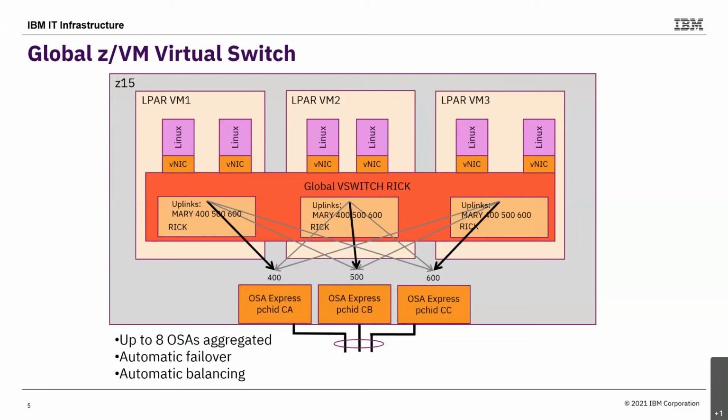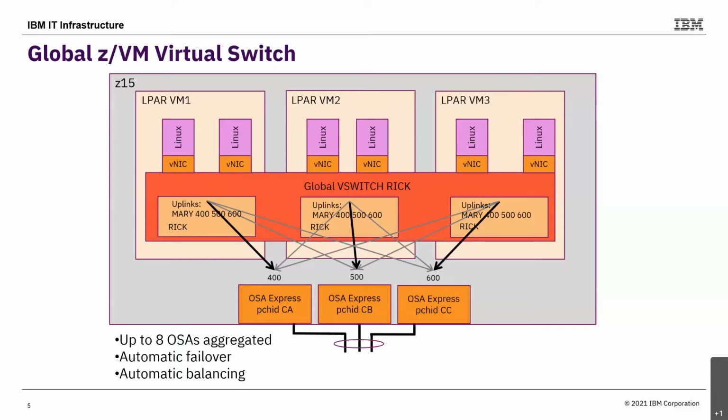So at any point in time, any one of the vSwitches running in any of these 3 LPARs, which are logically grouped together as a single vSwitch, can take over the management functions to keep that LAG group going. So if you want to add additional devices to the group, you can do it from any one of those 3 LPARs. You can add or delete a member from that group or OSA Express card from that group.